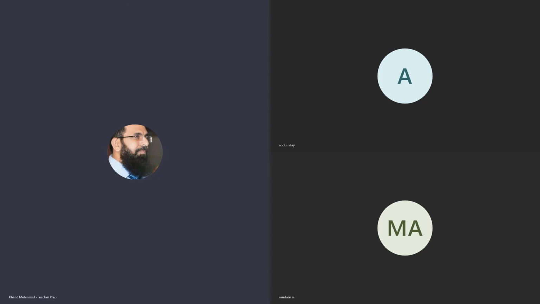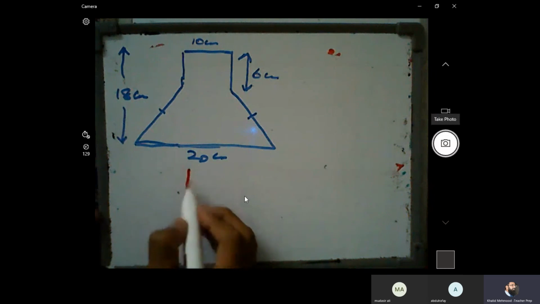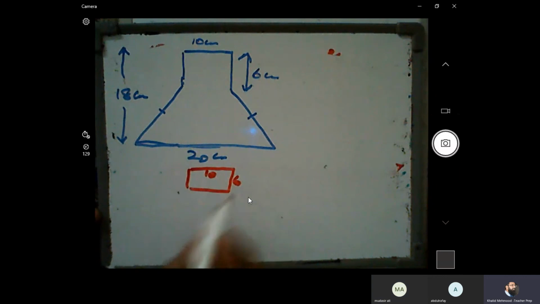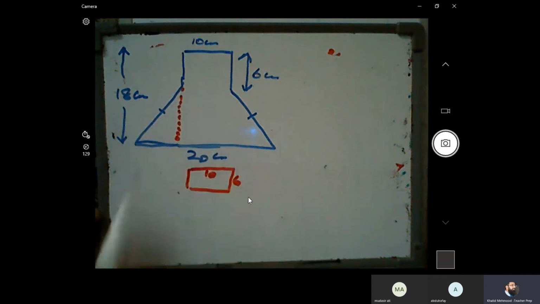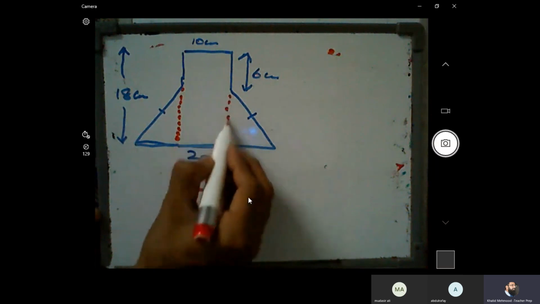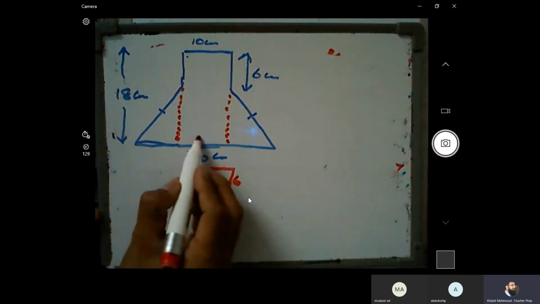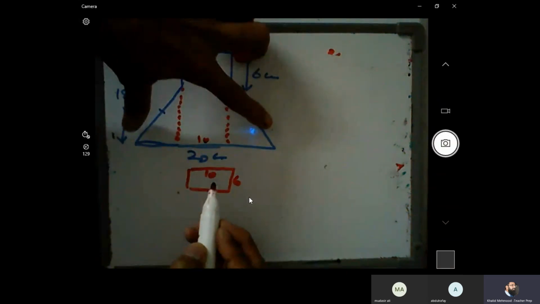This is the combination of 4 shapes. How? One is the top one, which is of 10 and 6. One is this triangle, and one is this triangle. And if this is 10, the total length is 20.